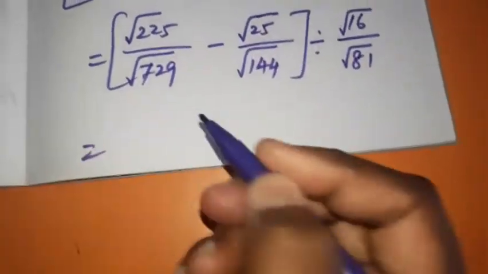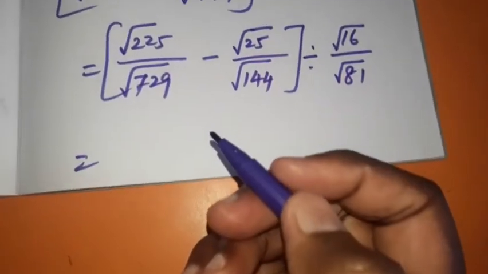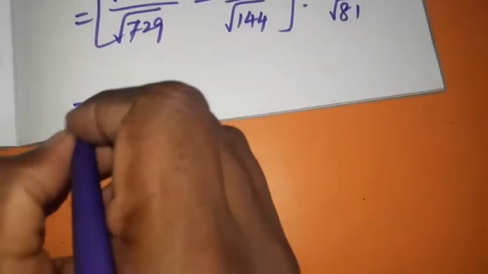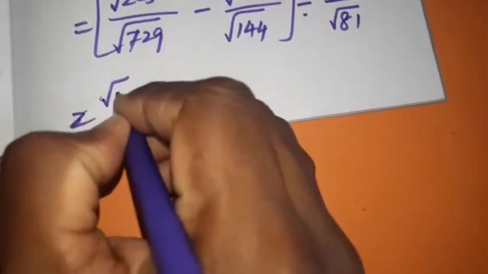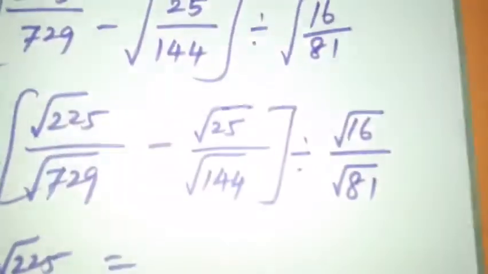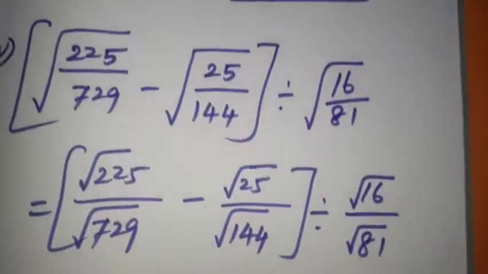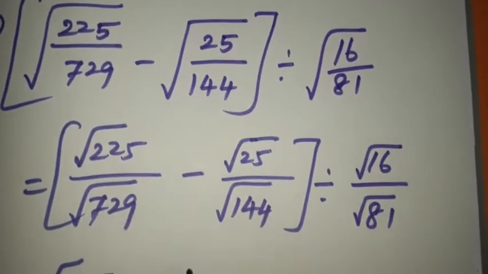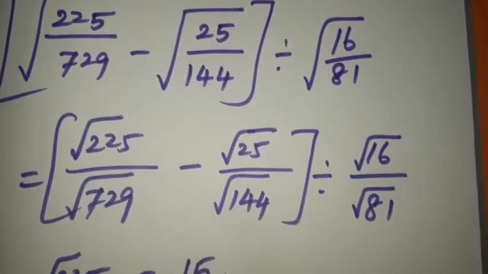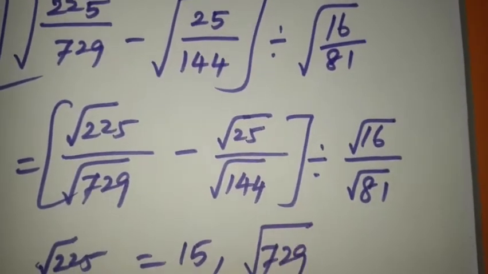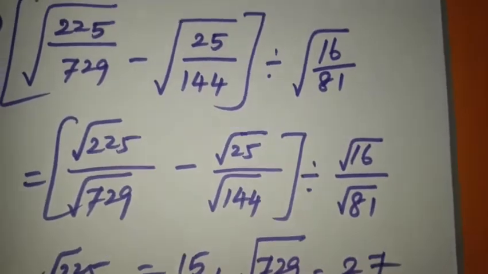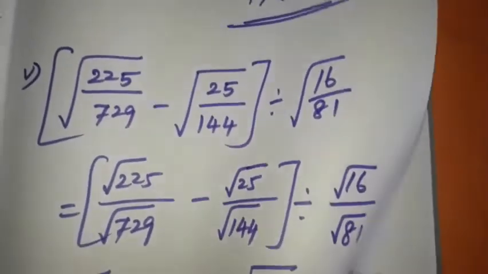Next, find the answers. Root 225 we can write as 15. Root 729 is 27.